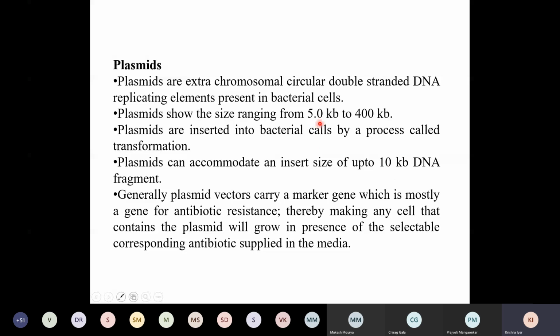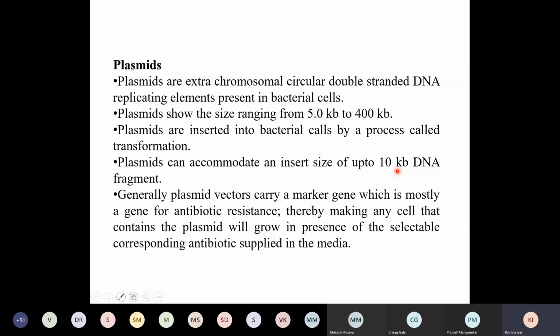For example, if I have a plasmid which is only 5 kilobases and I try to put 10 kilobases in it, I'll actually get less plasmid and more foreign DNA. So these types of plasmids will take up much less DNA than 10 kilobases, but a plasmid which is 400 kilobases can probably take up 10. So read this correctly. It doesn't mean it can take up this much. It can take up to this much.